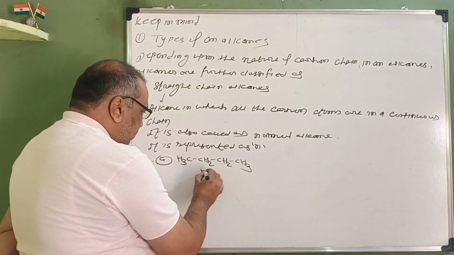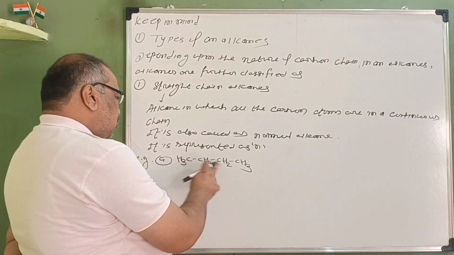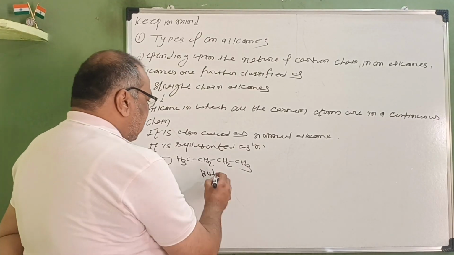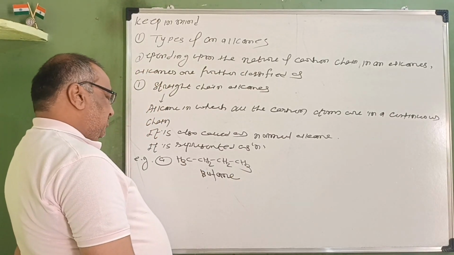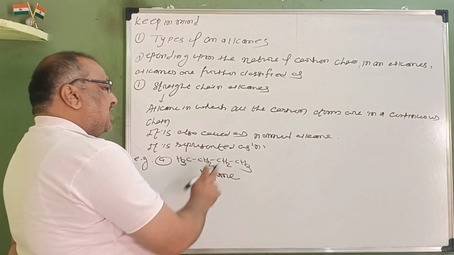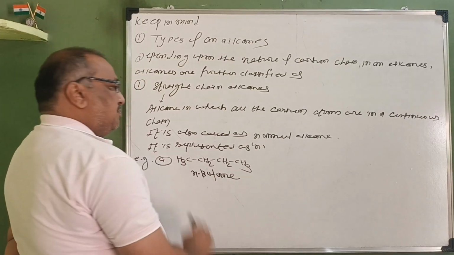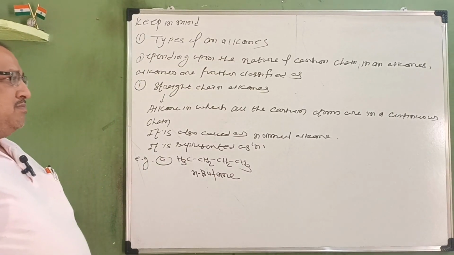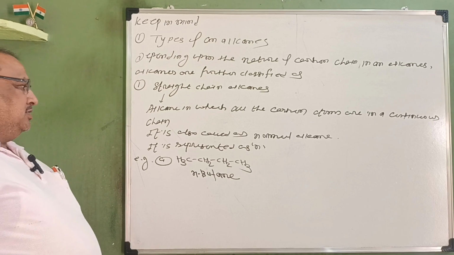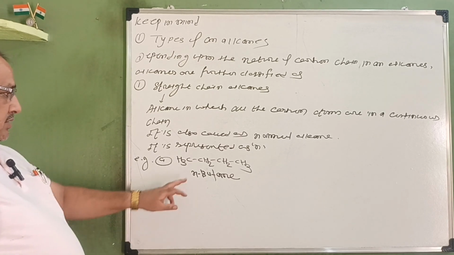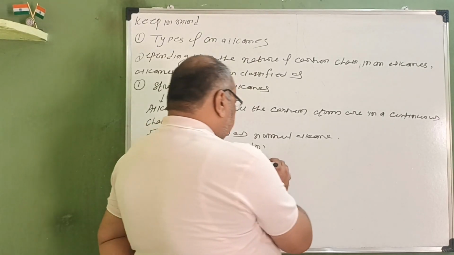So here word root is but. Due to the presence of carbon-carbon single bond, use the suffix ane. But here all the carbon atoms are in a continuous chain, so use the prefix n. Now keep in mind, small hyphen is used in between n and butane.